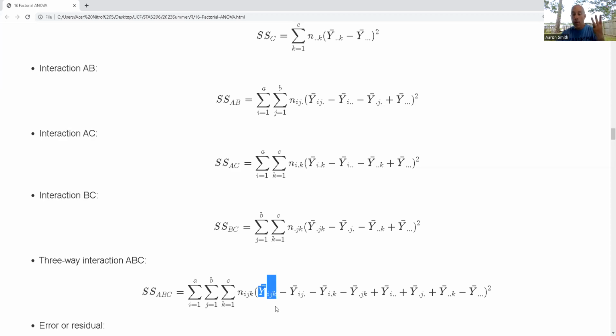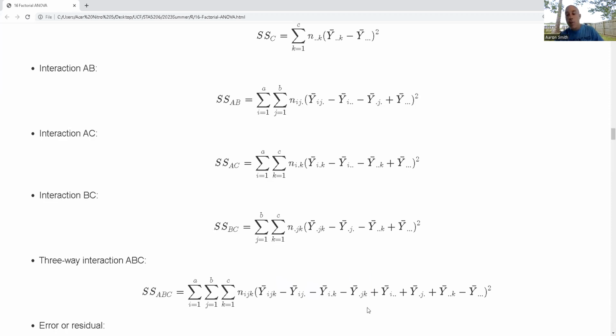Then I consider the average for the A and B combination, not worrying about C, the A and C combination, and the B and C combination, and I subtract all of these averages off.